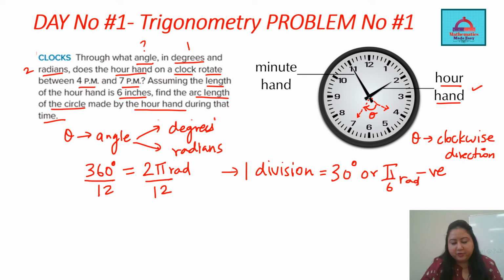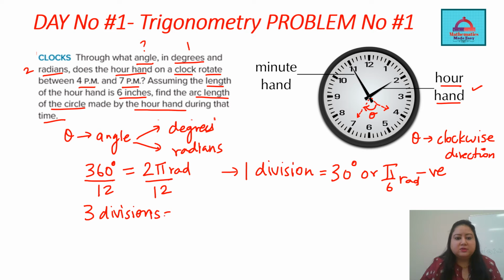Now if you look at the clock moving from 4 till 7, one division, two divisions and three divisions. It has moved by 3 divisions. I also told you in the beginning that the direction is clockwise, and by sign convention for angles, clockwise is a negative angle.